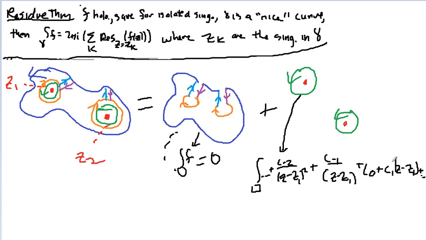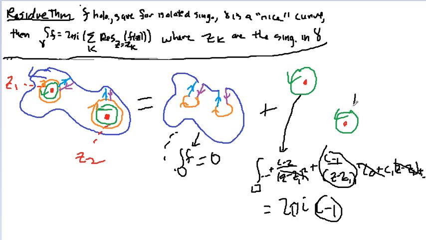We've seen before that I can integrate term by term, and the integrals of all these terms go to 0 except this one, and the integral of 1 over (z minus z1) is equal to 2 pi i, and then I just multiply by c negative 1, which is the residue.